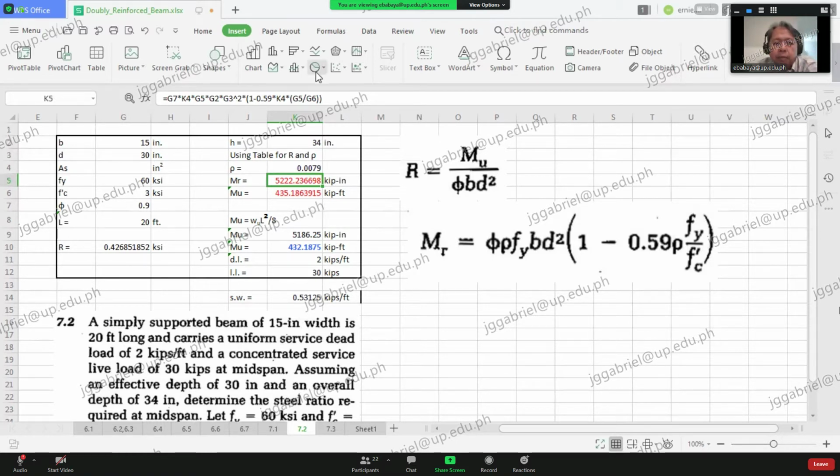We look that up in the table, using the table for R and rho, so that this will be satisfied. This 432.1875.